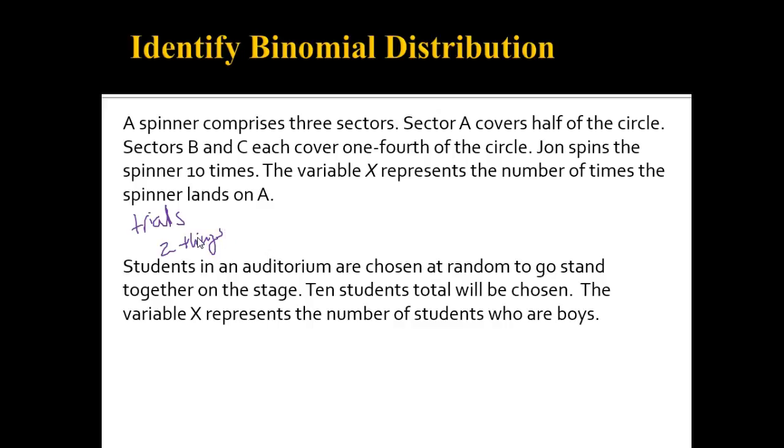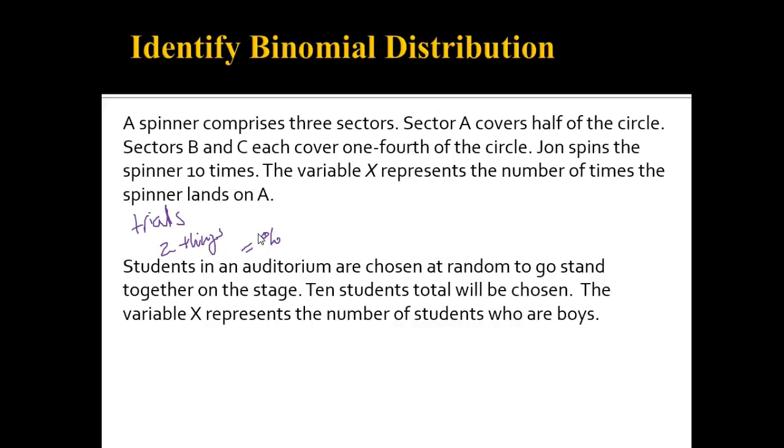That's what X represents, the number of times this thing happens, and then the number of times that thing doesn't happen is the failures. And then the third thing we're looking for is same probabilities, equal probabilities. I'll just say percents. So set number of trials. Each trial needs to measure a success or a failure, and there needs to be equal probabilities for each trial. The probabilities have to be the same. They can't change from trial to trial.